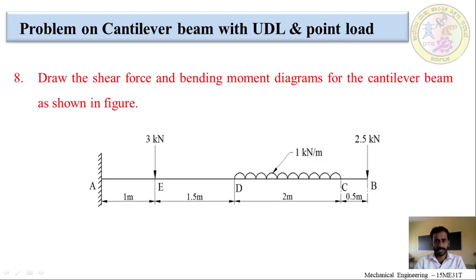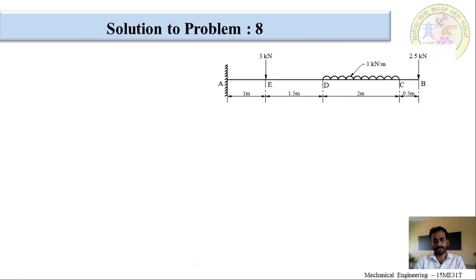Moving on to the next problem, problem number 8, which says: draw the shear force and bending moment diagrams for the cantilever beam as shown in the figure. The sketch of the beam is given in the question itself, so you just have to copy it and redraw the sketch according to the given dimensions.